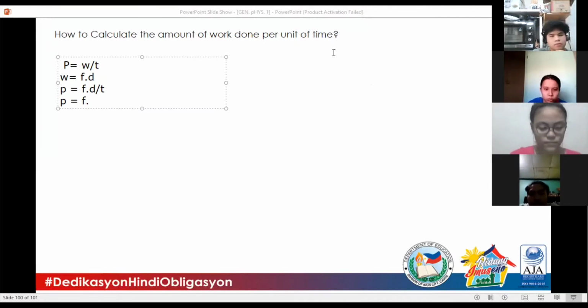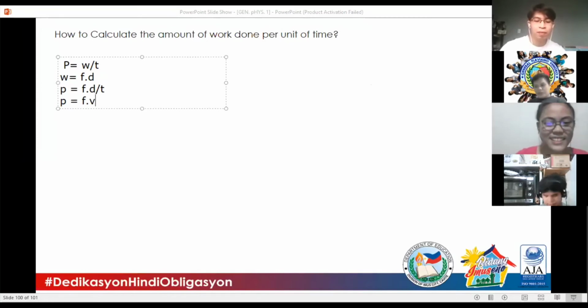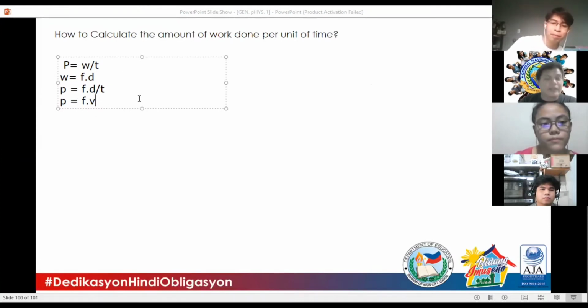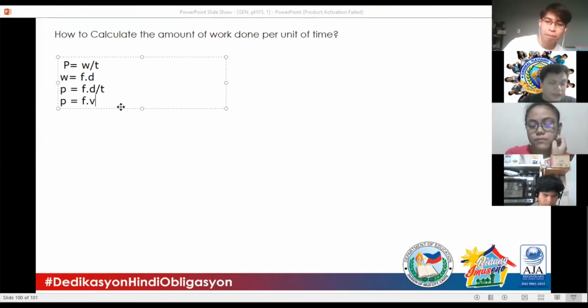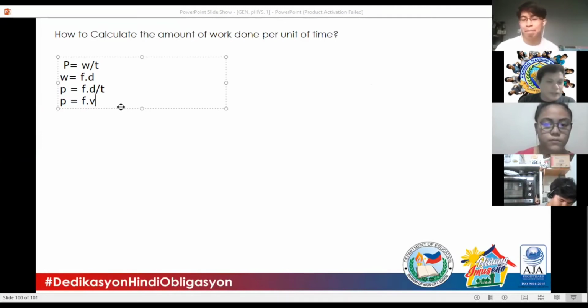Is it velocity po, sir? Okay, that is displacement over time is velocity. Therefore, you can also calculate your power as force times the velocity. Ibig sabihin, in identifying the power, you can use the following formulas depende sa given ng problem. And power is measured by watts.